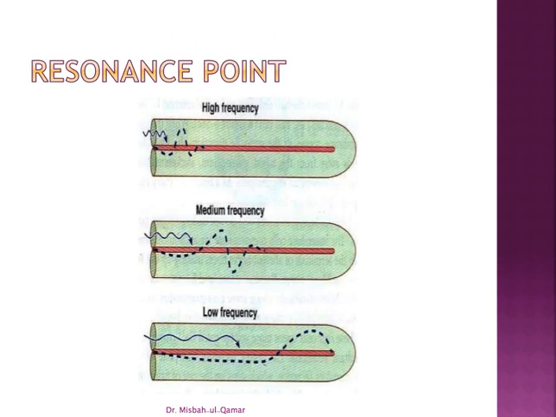So, actually, the wave at the starting is weaker, but later it becomes stronger, and it is strongest at the resonant point of that particular frequency, where the basilar membrane has the equal resonant frequency.